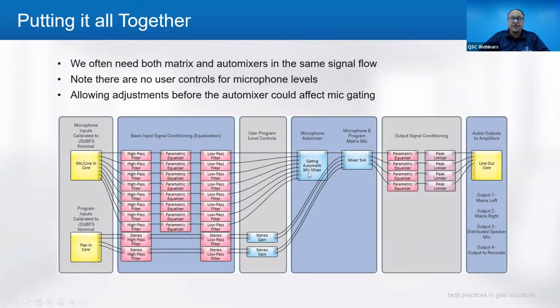The microphone auto mixer is going to give us a single channel out, or you can get individuals and mix them inside of the matrix mixer as well. Then you go into a matrix mixer where we take any program audio that's in the space and mix that together with the gating automatic mic mixer, then go into parametric EQs and then peak limiters to go out of our line out.